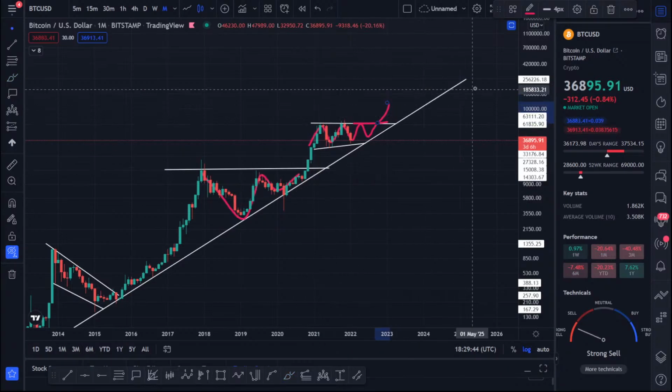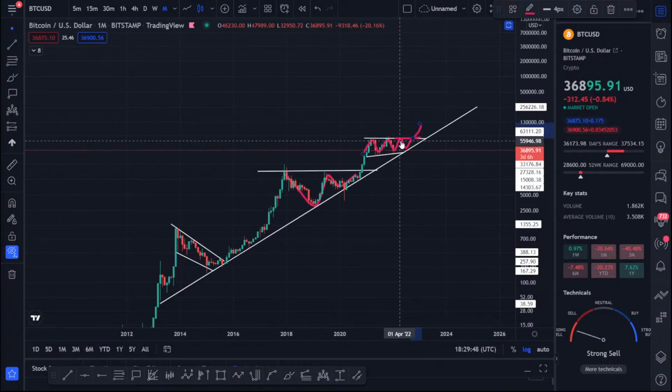It's coming very close to this support, so expect something to happen.